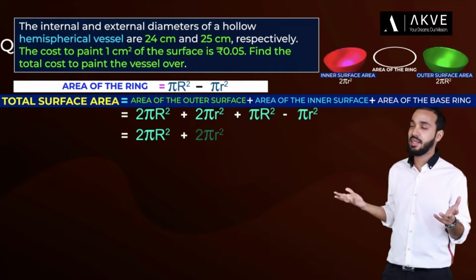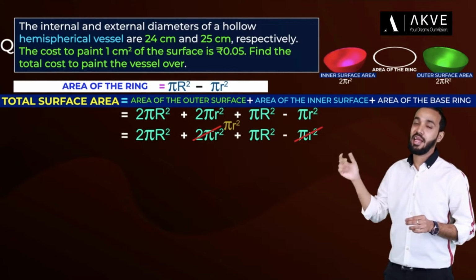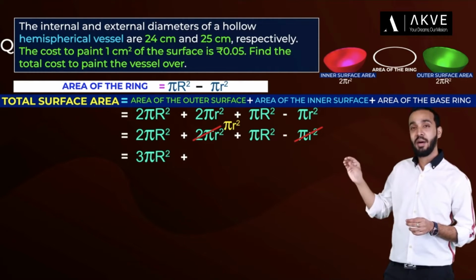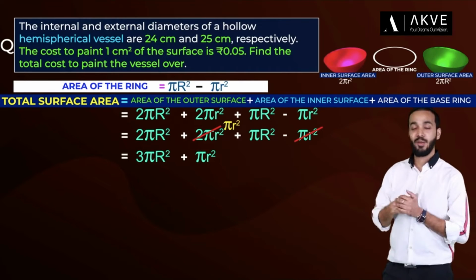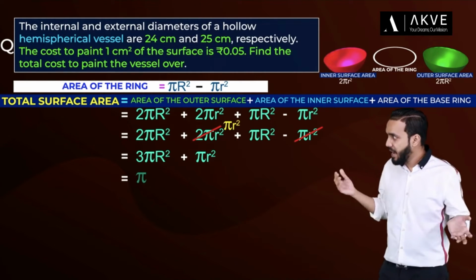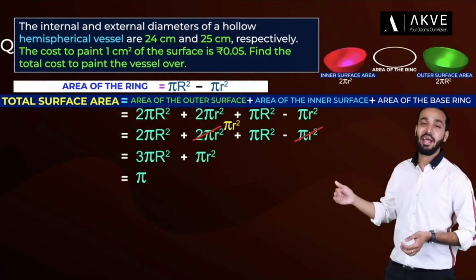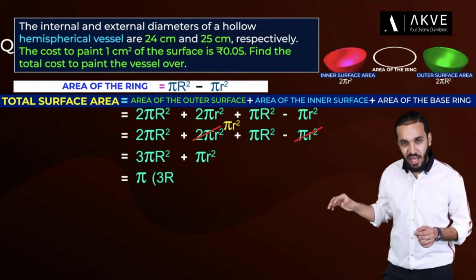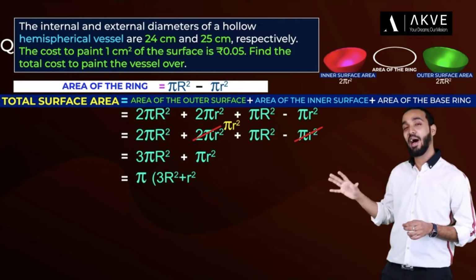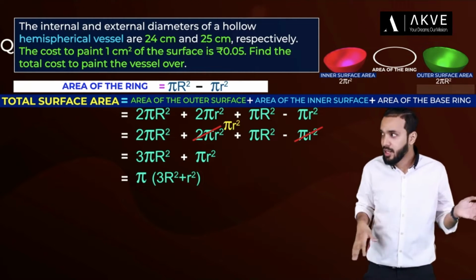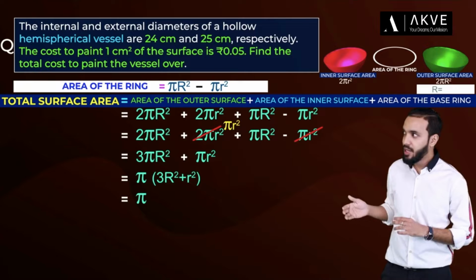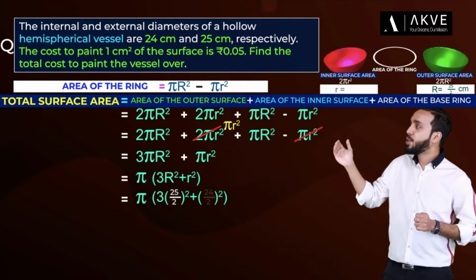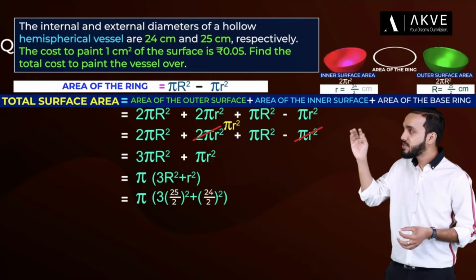On simplifying this, we get the total surface area is equal to 3 pi capital R squared plus pi small r squared. Now, when we take pi common, we get the required area is equal to pi into 3 capital R squared plus small r squared. Now, we know that capital R would just be 25 by 2 centimeters and small r would be 24 by 2, that's 12 centimeters.